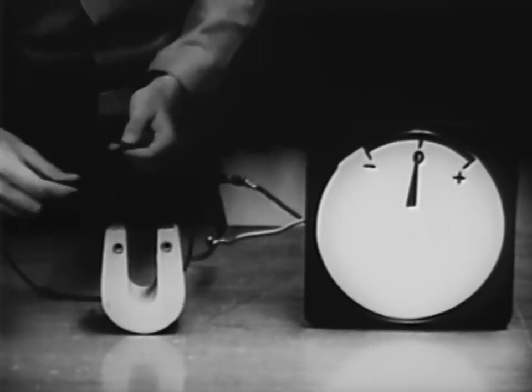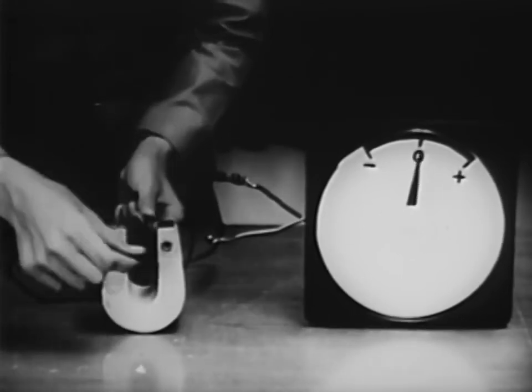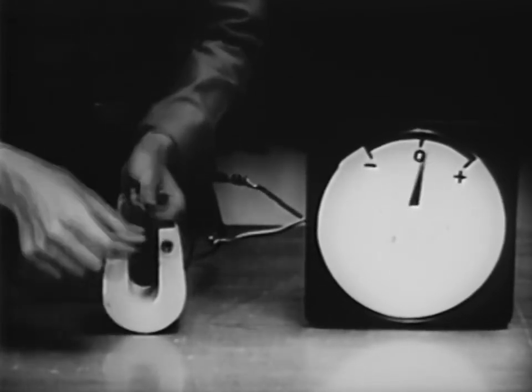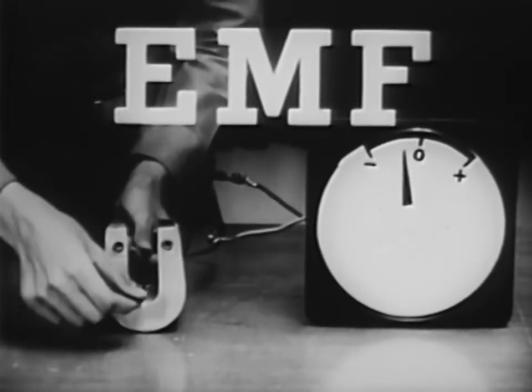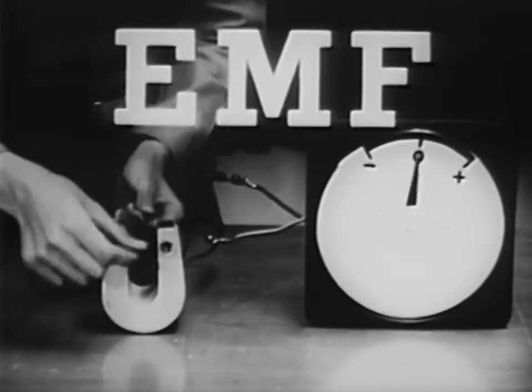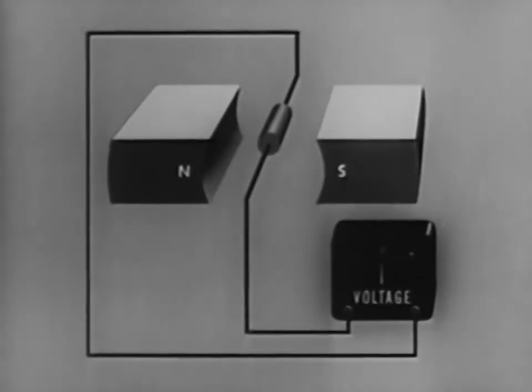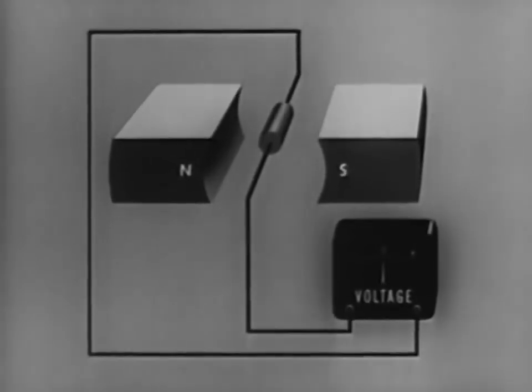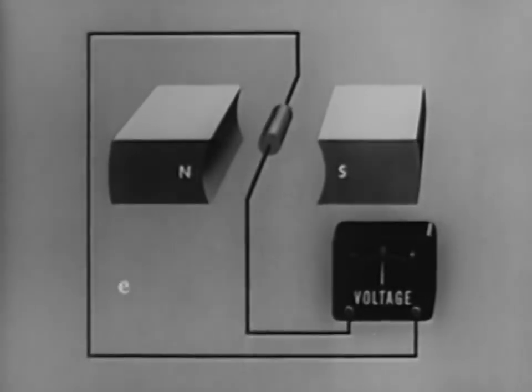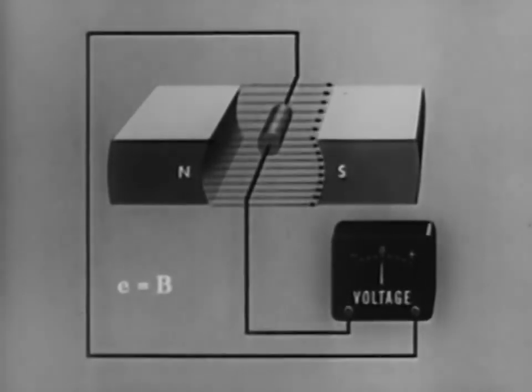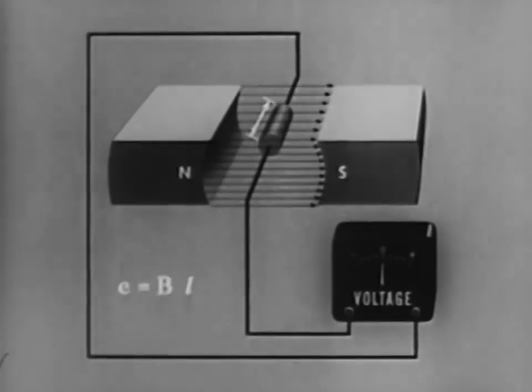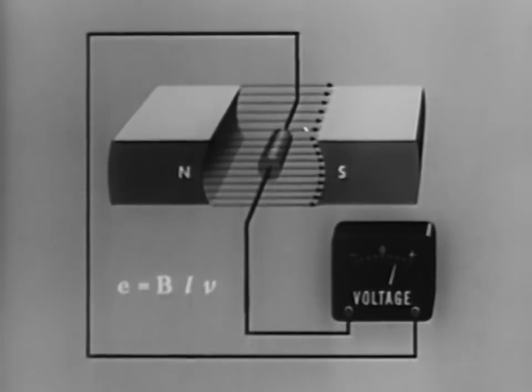The operation of all rotating electrical machinery is based on one simple principle: the generation of an EMF. The principle is used in the construction of a simple AC generator. The generator output E, or instantaneous EMF, equals B, strength of field, times L, length of the conductor, times V, velocity of the conductor.